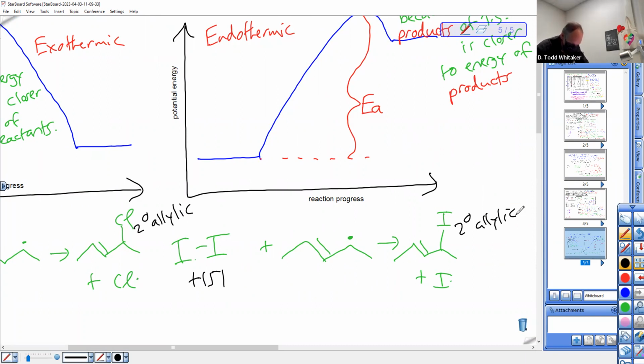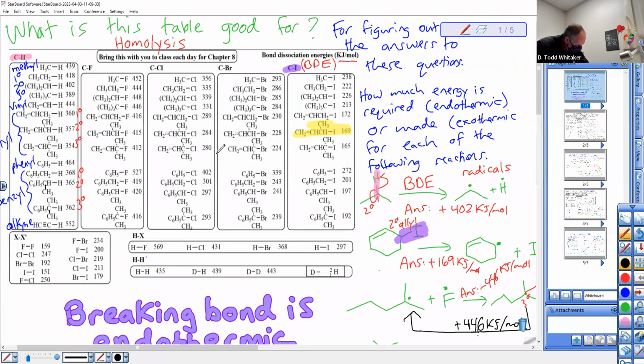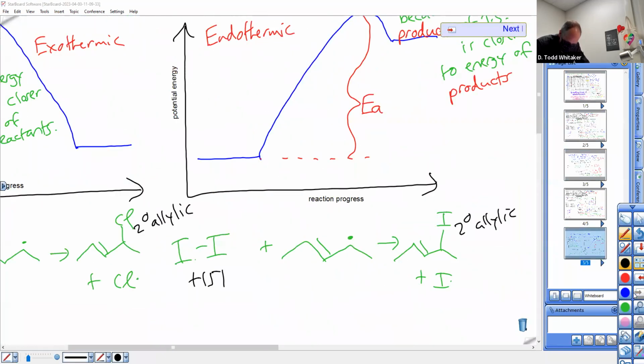So we're going to go page 1, tertiary allylic CCl. That's this one, negative 284. And negative 169 we used before. Negative 284, negative 169. Was it negative 169? Did I do that right?